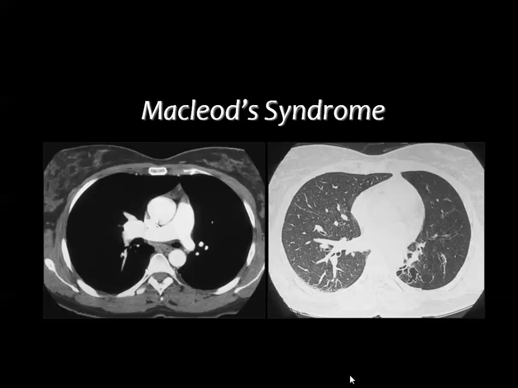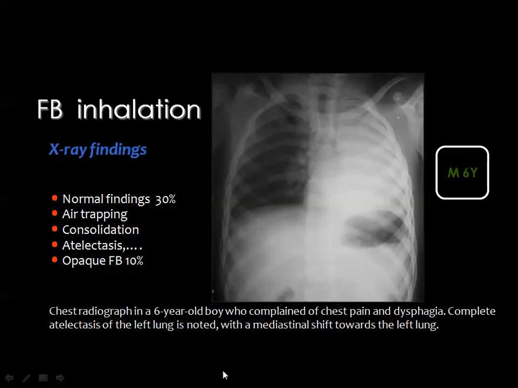The CT scan showed that the left pulmonary artery is relatively hypoplastic compared to the right one, and the lung field is more hypertranslucent compared to the right lung, and you also see the cystic bronchiectatic changes in the left lower lobe. In the foreign body inhalation, as I have mentioned before, can appear in the chest X-ray by many presentations.